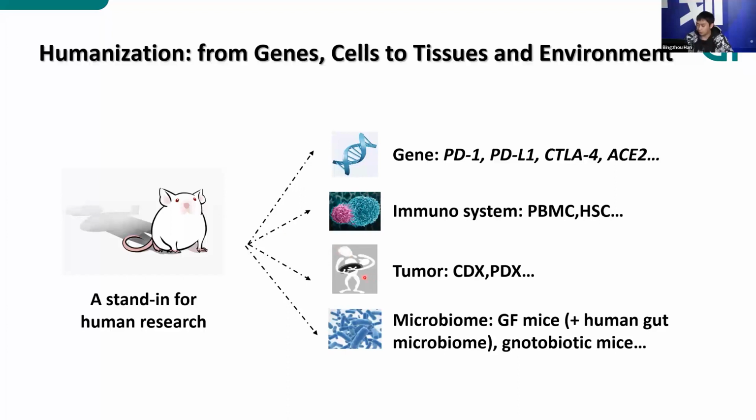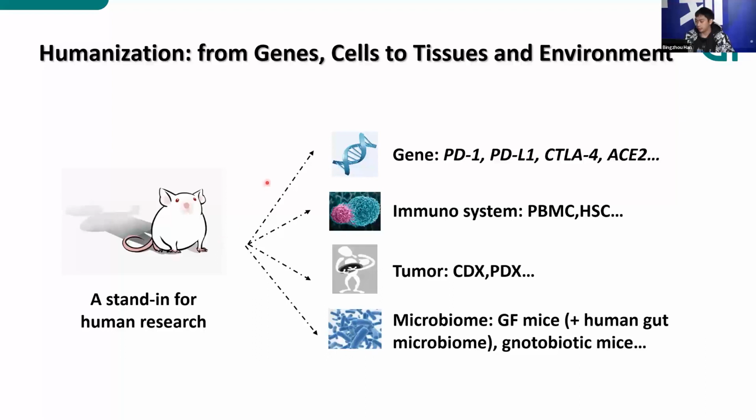Or we could do tumor humanization to test human tumor or cancer cell behavior in mice, and then test the anti-tumor drug efficacy in mice by doing CDX or PDX first. And also we could do microbiome humanization by using GF mice combined with human gut microbiome to generate microbiome or environmental humanized mouse models.